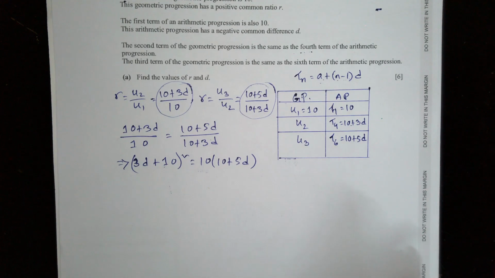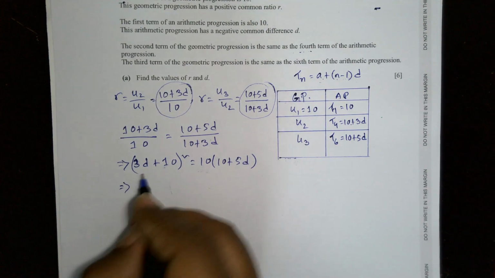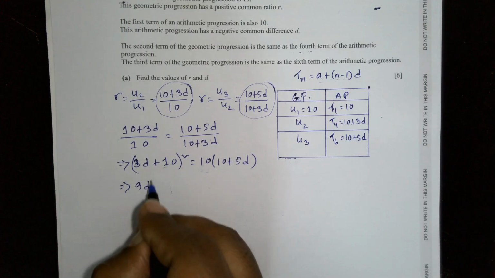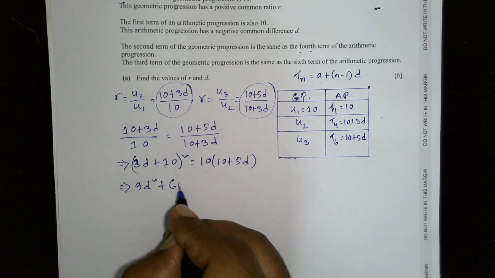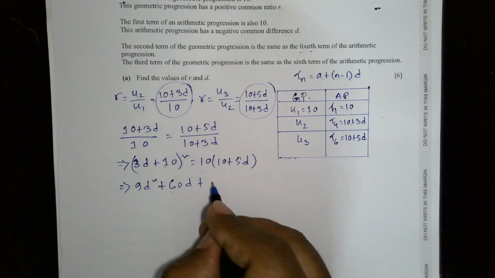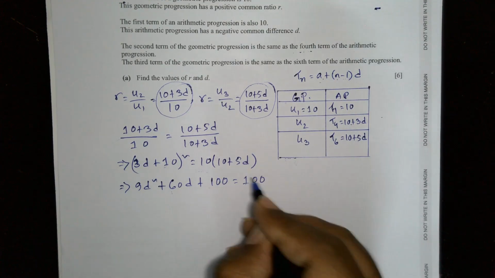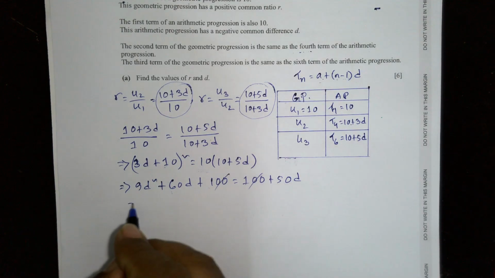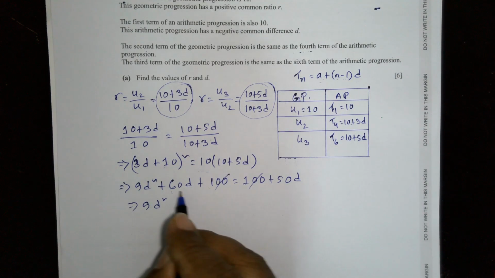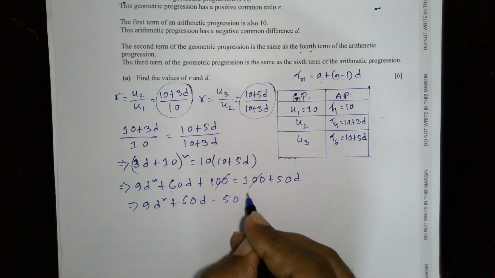Now in the next line, this is the (a plus b) whole square identity. So I can write 9d squared plus 2 times 3, 6 times 10, 60d, plus 10 squared, means 100, is equal to 10 times 10, that is 100, plus 50d. 100 gets crossed out and we get 9d squared plus 60d minus 50d is equal to 0.